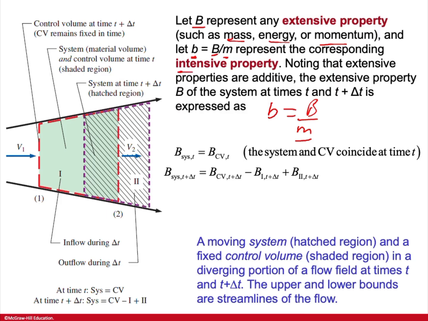It gives you the corresponding intensive property. Okay, so we'll use this to define a general relationship, the Reynolds transport theorem, to connect the closed system or system concept and the control volume concept.